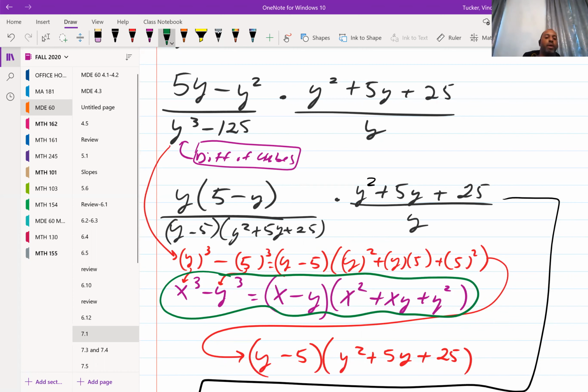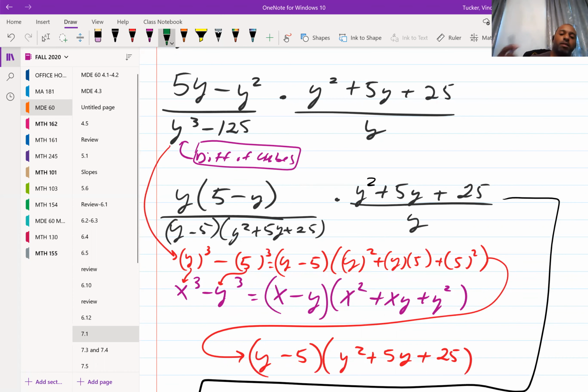If you have x cubed minus y cubed, in other words two perfect cubes, and that's what we have here. Y cubed is y being cubed, then 125 is 5 being cubed. So we take the y and plug it in where we see x in the formula, take the 5 and plug it in where we see y, and do our substitution, which is what we got.